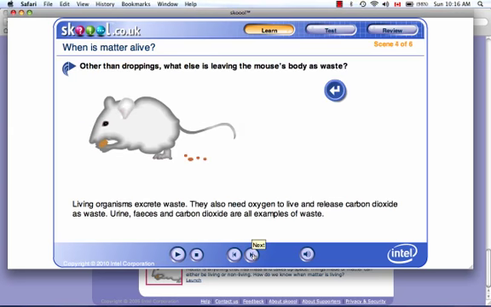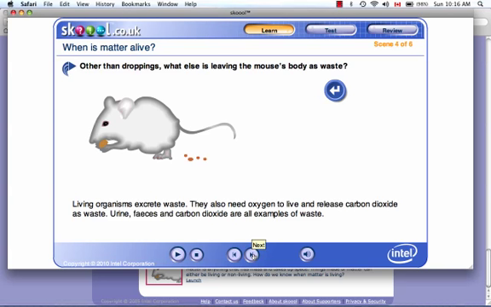Living organisms excrete waste. They also need oxygen to live and release carbon dioxide as waste. Living organisms respond and react to stimuli in the environment. The stimuli causes them to change their behavior. All living things have certain characteristics that make them different from non-living matter.